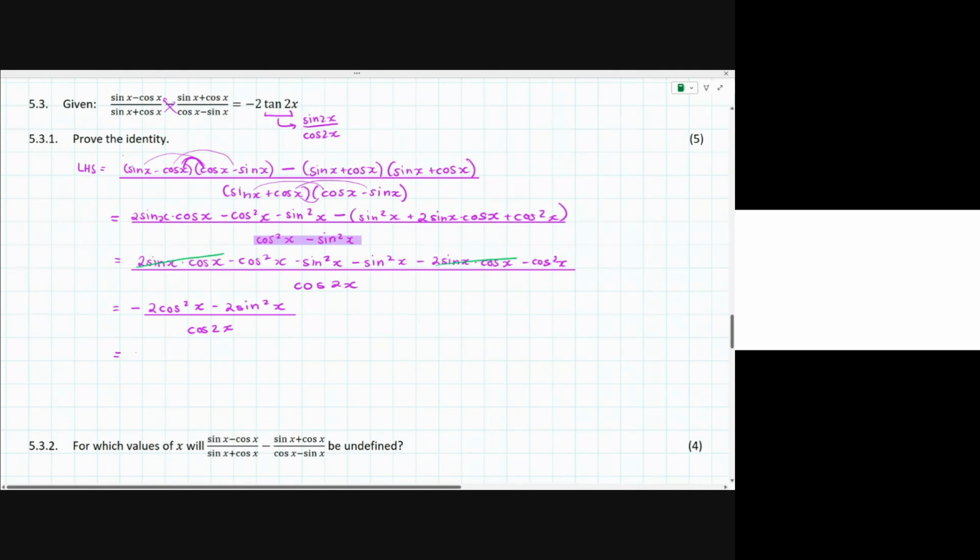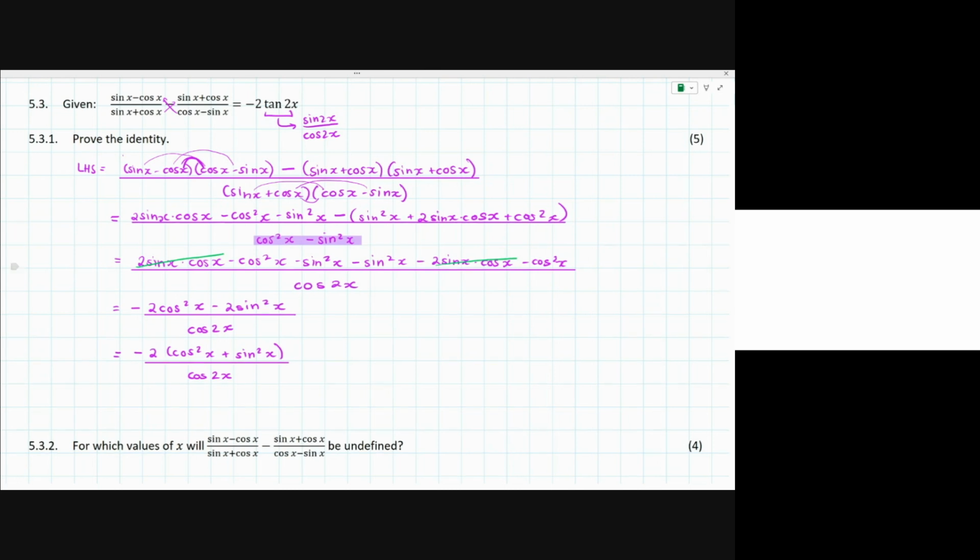So we've got minus 2 as a common factor, cos squared x plus sine squared x, all over cos 2x. Which does not give us what we want.